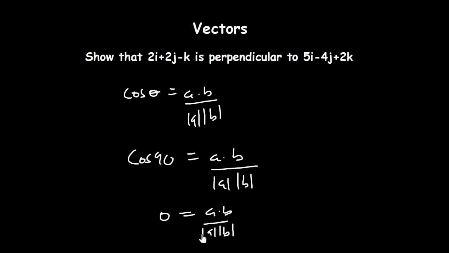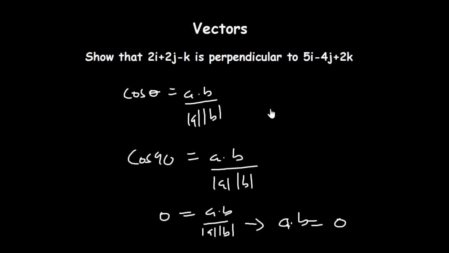When I do cross multiplication here, I multiply this 0 by the magnitude of A multiplied by the magnitude of B, and this gives me A dot B equal to 0. So when I take the dot product of the vectors A and B, I should get 0.